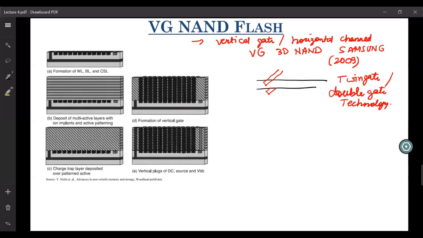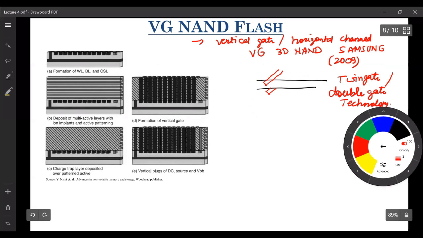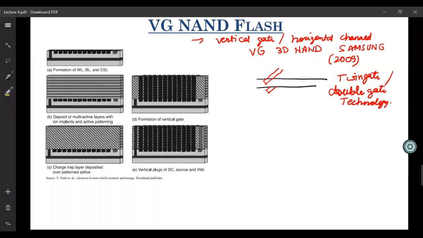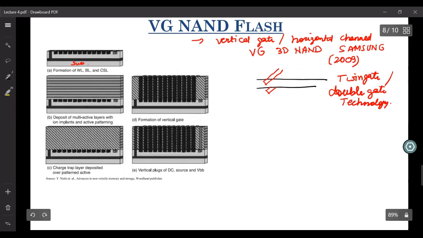So let us first discuss the first kind of vertical gate 3D NAND flash, which was introduced by Samsung. Let us look at its process flow first, at how you can fabricate this kind of vertical gate 3D NAND flash. First, you have this substrate, and on top of that, you deposit this common source line, and you take its protrusion even towards the top.